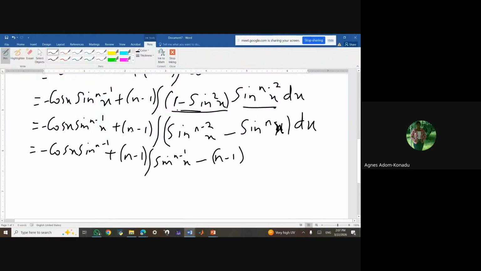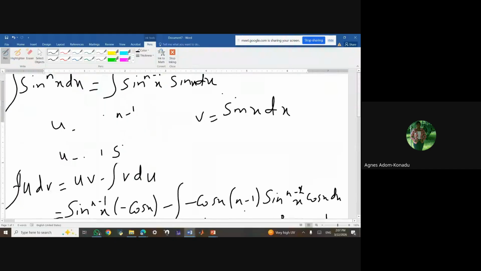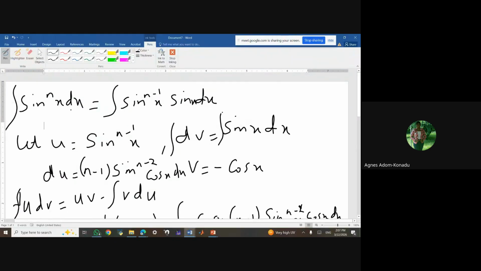So I'm expanding this. So n minus 1 will multiply the sine n minus 2x dx. I'm expanding. Then n minus 1 will multiply this negative sine nx dx. So I have minus n minus 1 integral sine nx dx. Remember, the original question is sine nx dx.